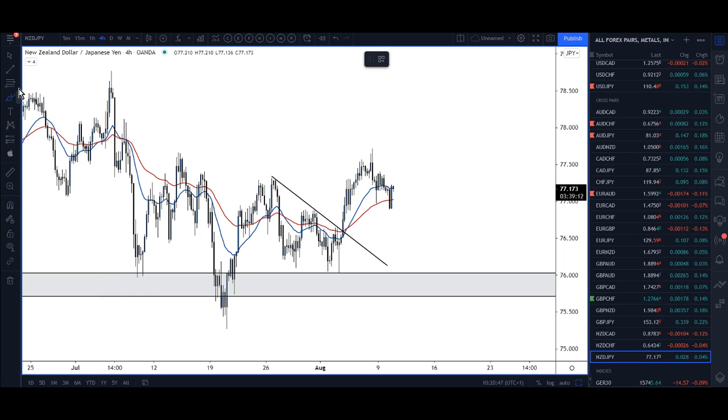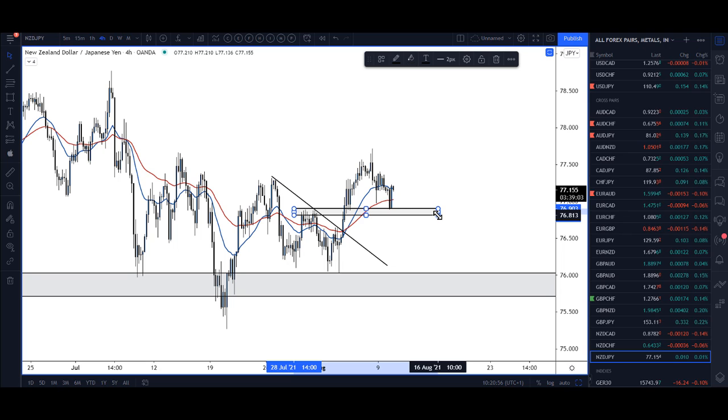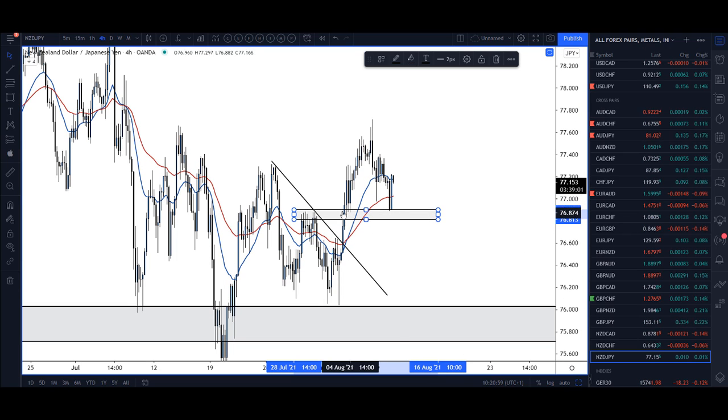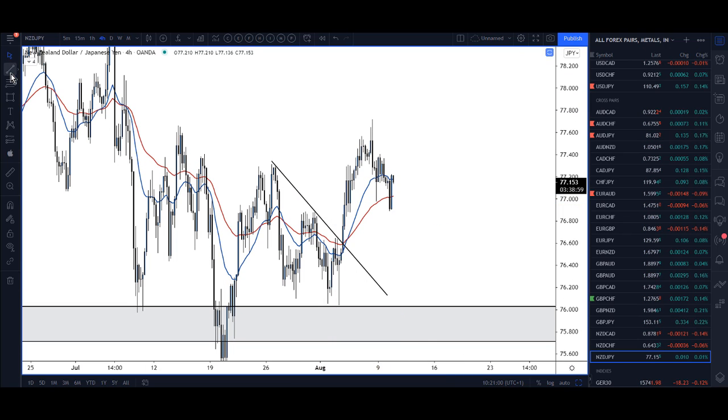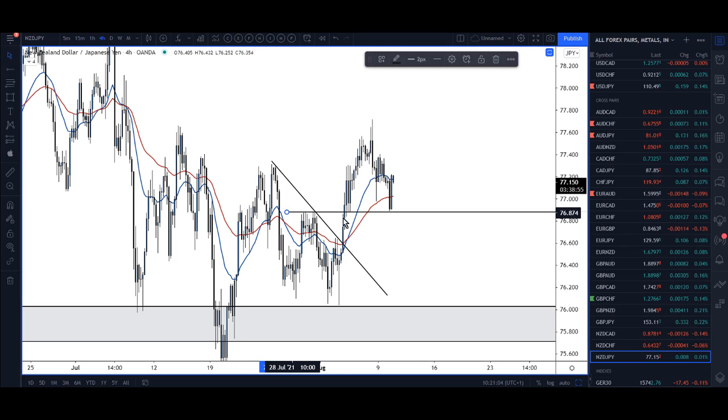Let me just get the right tool here. See the resistance here? Price came back, just about came into it. If I draw it with the tips of wicks, the ray there, you can see it just about touches it. So we could be seeing buyers come in now.